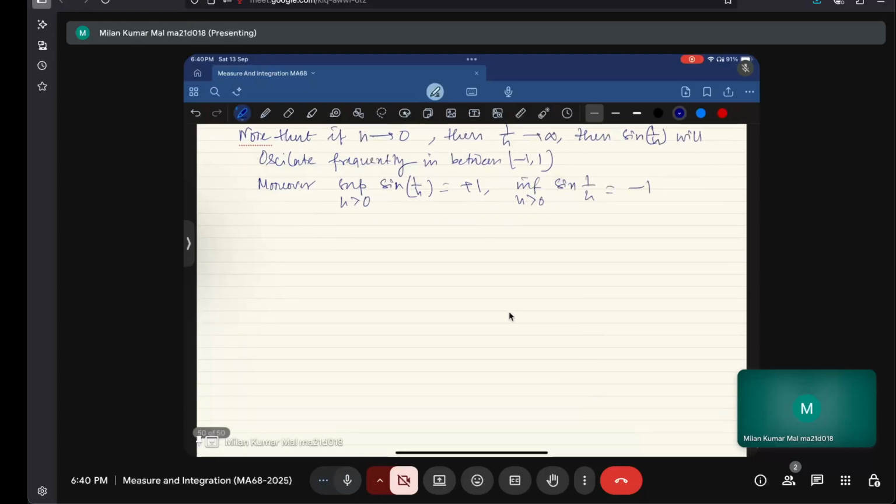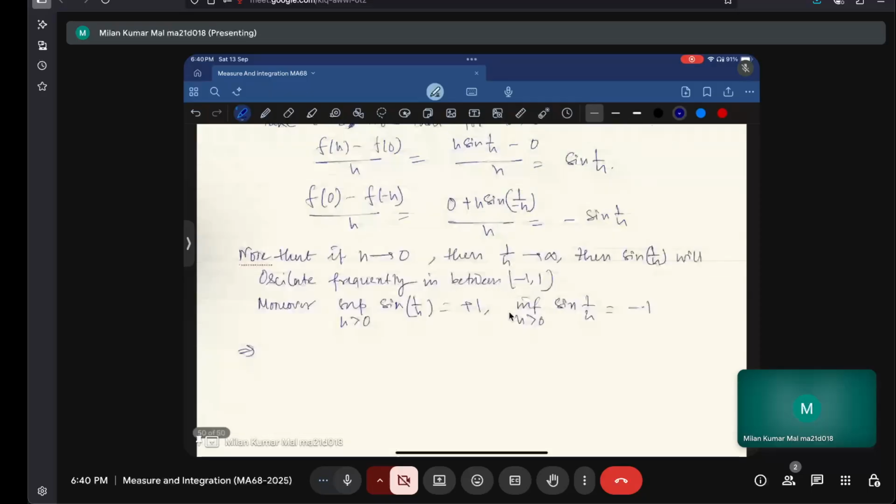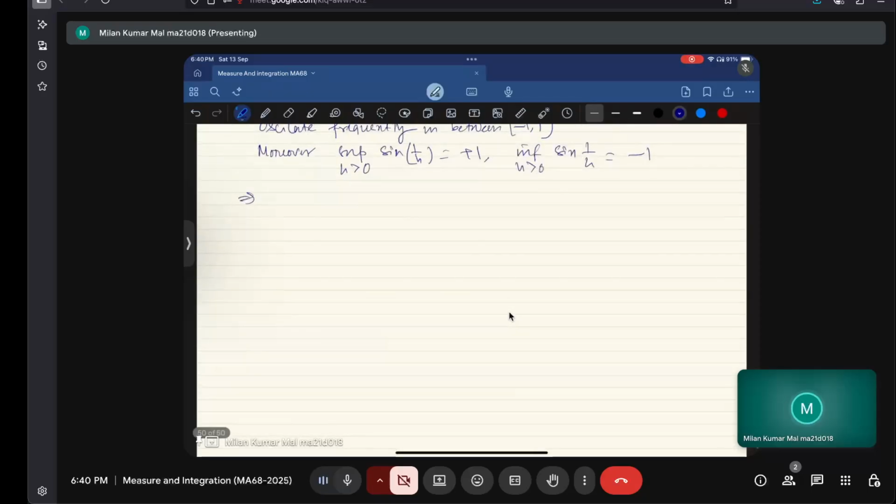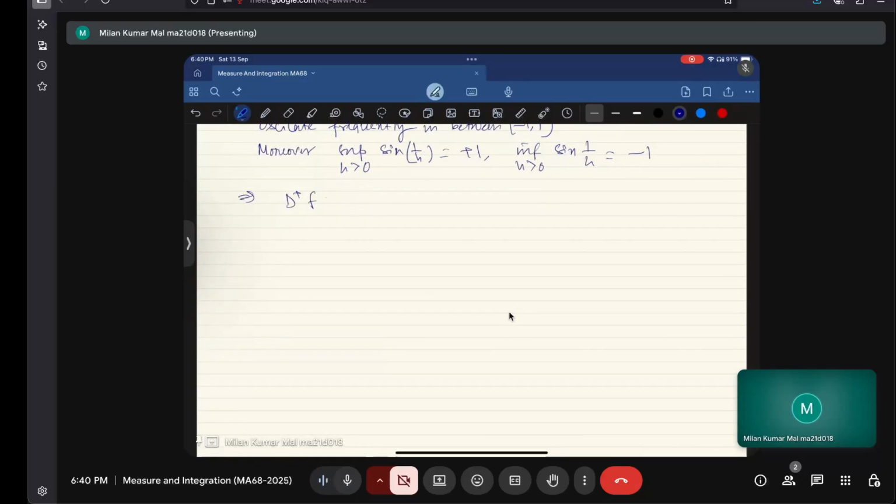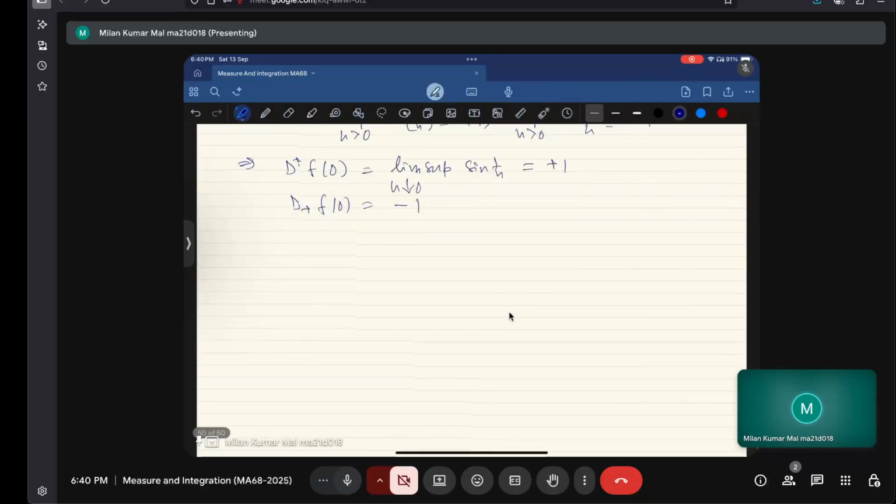Okay, this says that D plus f at 0 equals limit supremum as h tends to 0 of sin 1 by h, which will be plus 1, and the limit infimum will be minus 1.